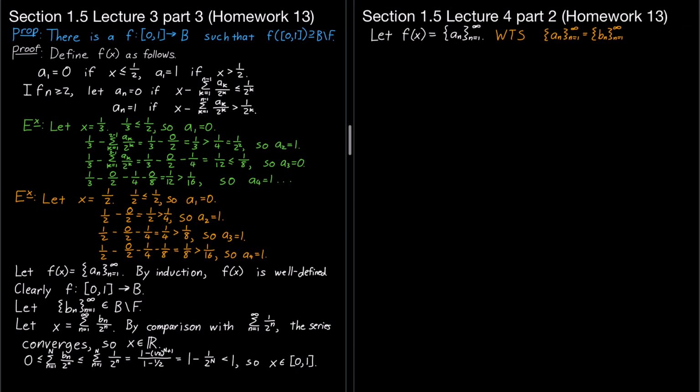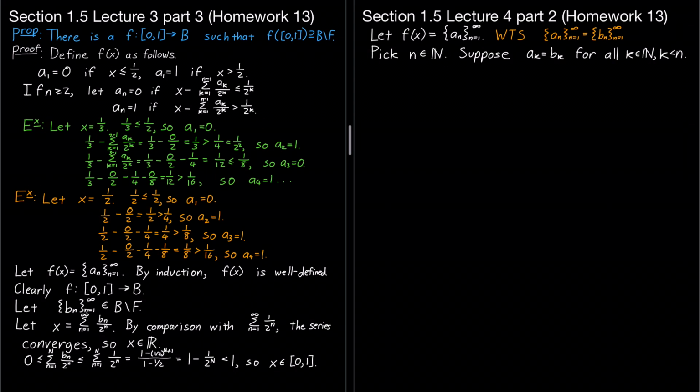So here is how we are going to do this. Let's pick a natural number n, and let's suppose that ak equals bk for all natural numbers k with k less than n.